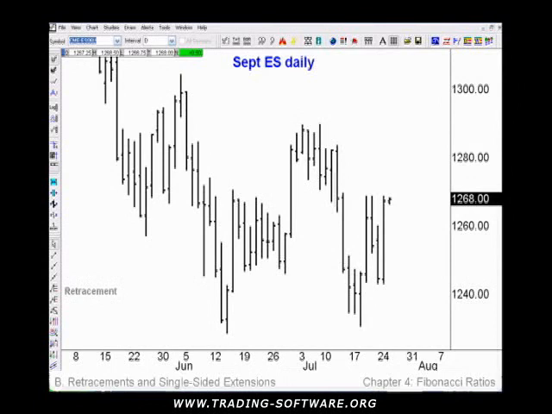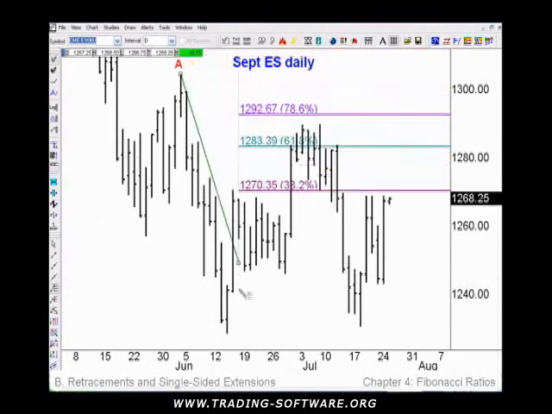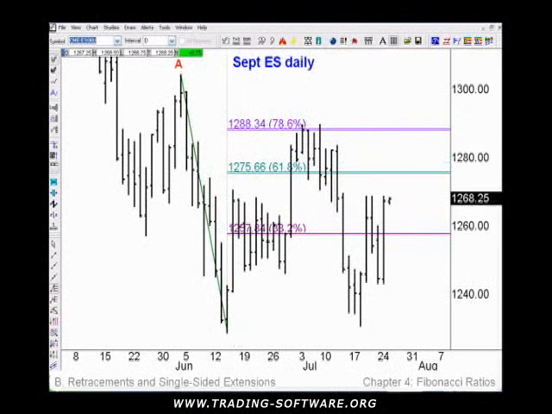I'm going to just click on to that icon, bring it up to this high here, which we'll call A. I'll just click once and drag down to this low, which we'll call B. And the retracement levels are automatically calculated and drawn in for you. In here is the 38% retracement, 61%, and the 78%.